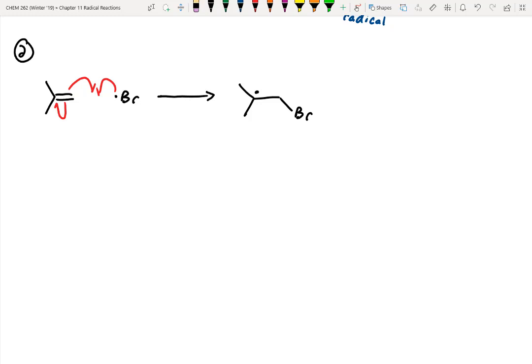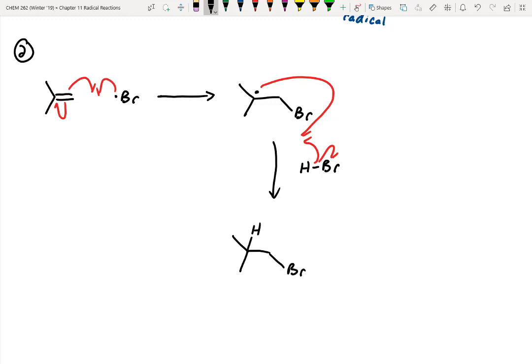All right, and then in the next step, we're going to have this react with more HBr in solution. And this radical will steal a hydrogen from HBr and then kick off an electron onto bromine. So now we'll have a hydrogen there.